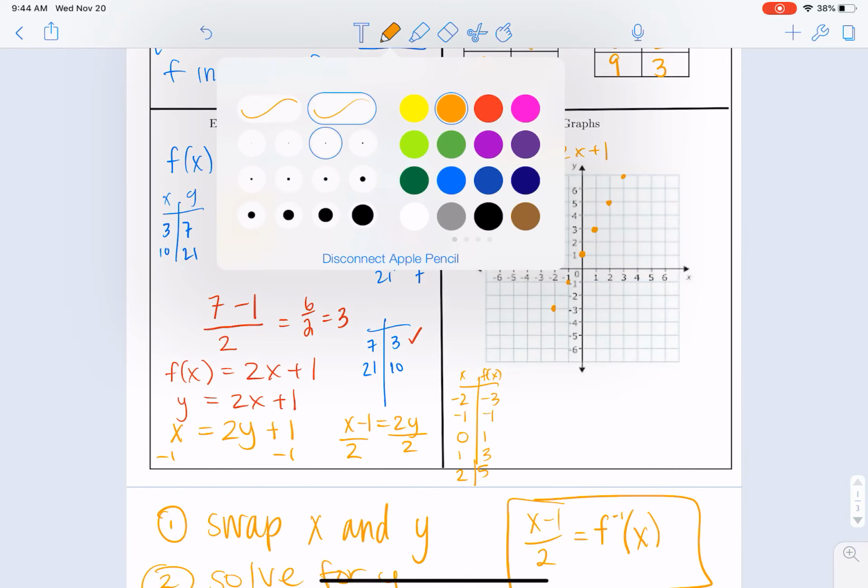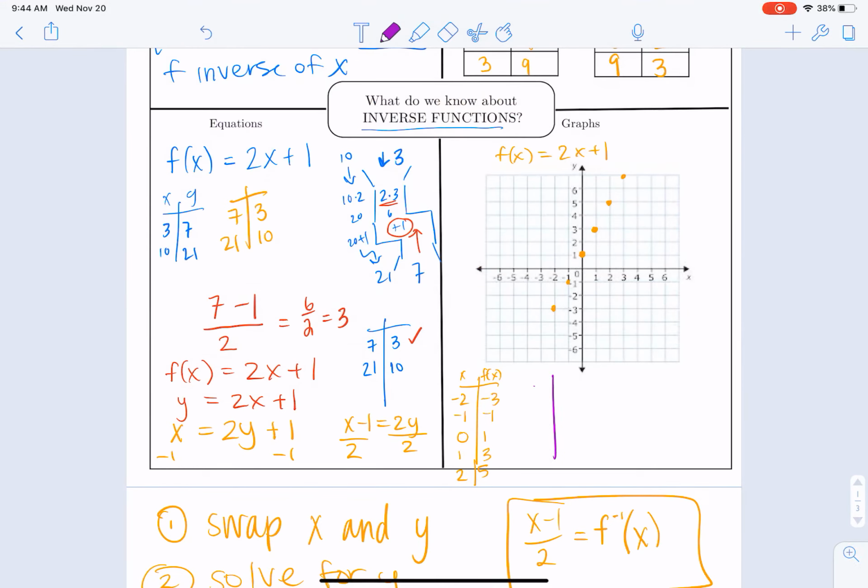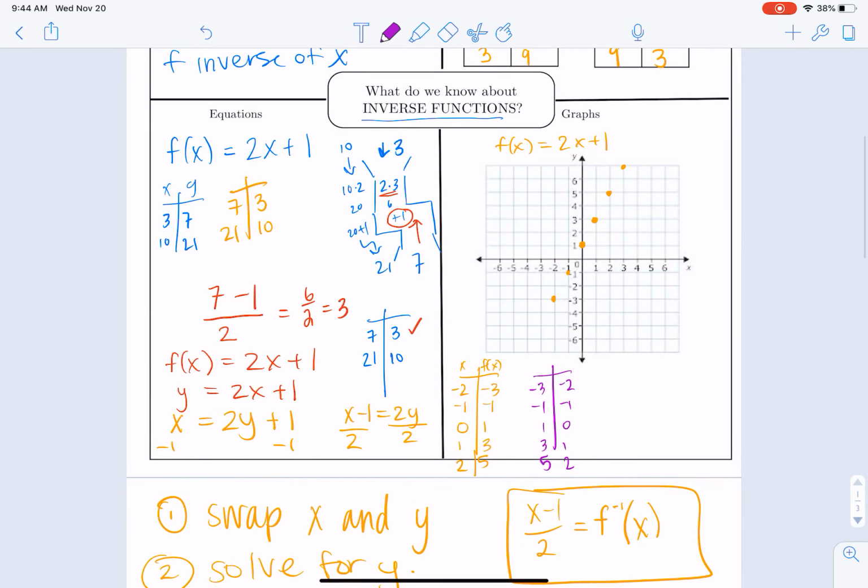Thinking about what we just talked about up above, my inverse would be -3, -1, 1, 3, and 5, -2, -1, 0, 1, and 2. So here's f inverse of x. Or I could graph f inverse of x is x minus 1 all over 2. So let's plot these points.